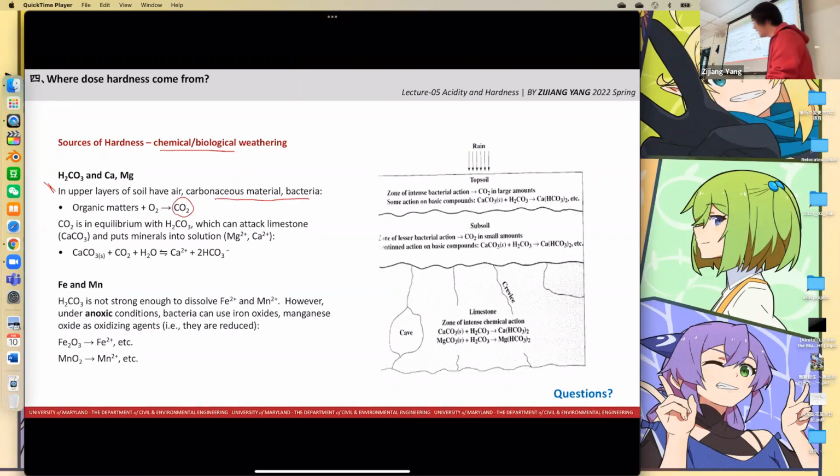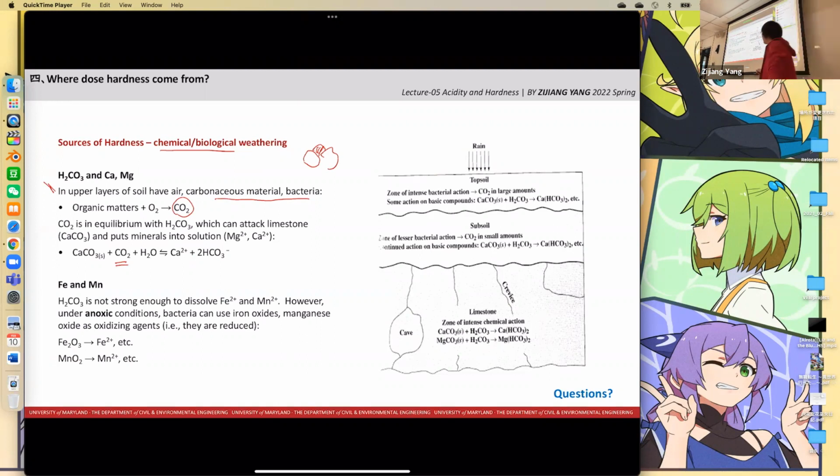The CO2 can come from the atmosphere, and it can also come from the respiration of the organisms. When this CO2 is in equilibrium with the water in the soil, the CO2 will dissolve in the water.